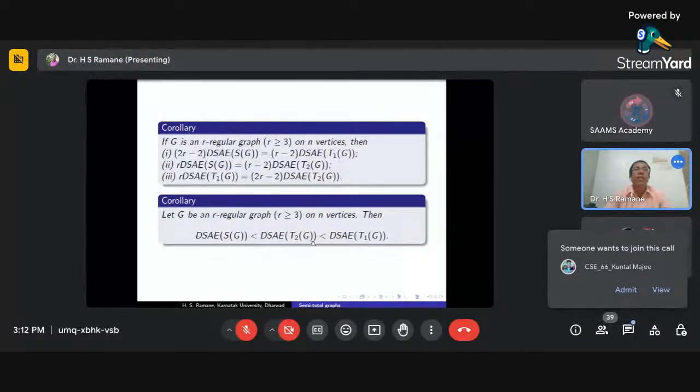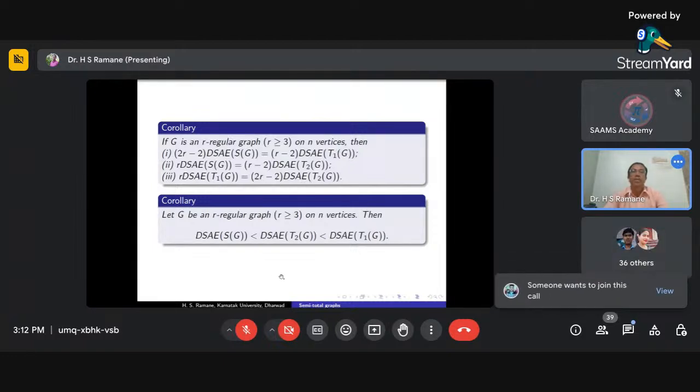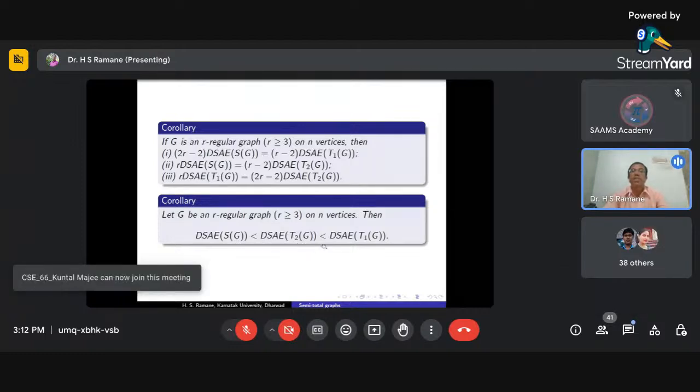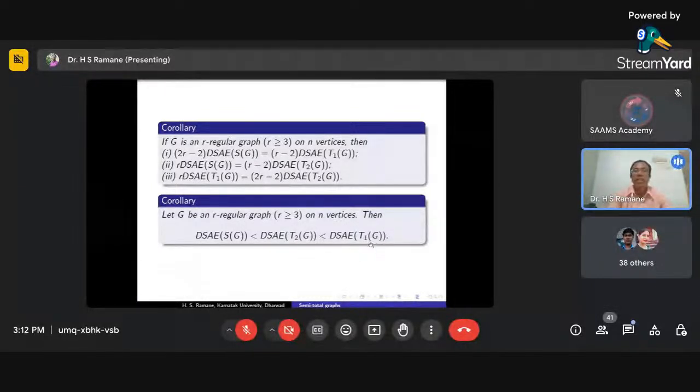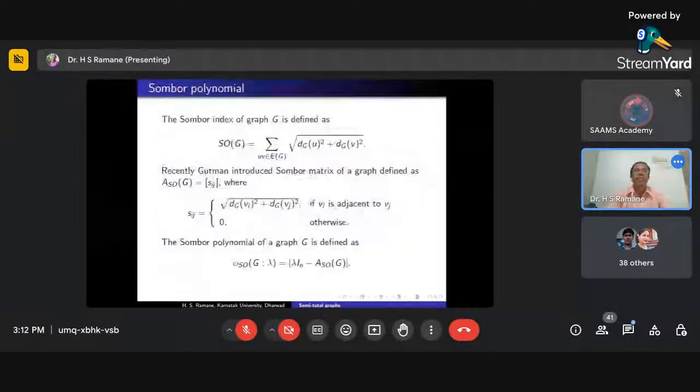From that, we can observe the relation between the DSA energy of the subdivision graph, the semi-total point graph, and the semi-total line graph: the DSA energy of the subdivision graph is always less than that of the semi-total point graph, which is strictly less than that of the semi-total line graph.